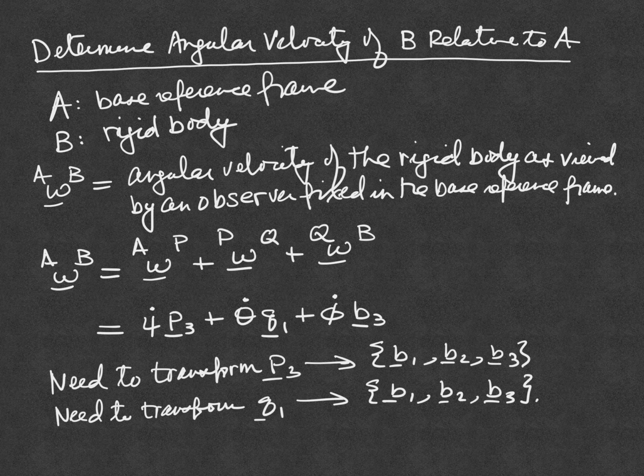So in order to perform those transformations, let's write the angular velocity first and express everything in coordinates, in terms of column vectors, and then we'll do the appropriate transformations.